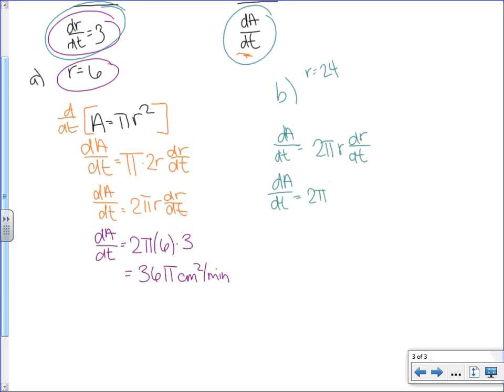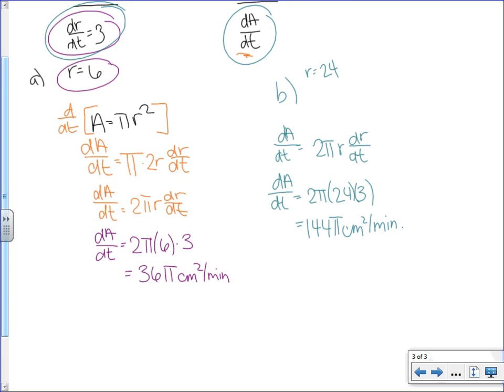So this is 2 times pi times 24 times 3, which is equal to 144 pi centimeters squared per minute.